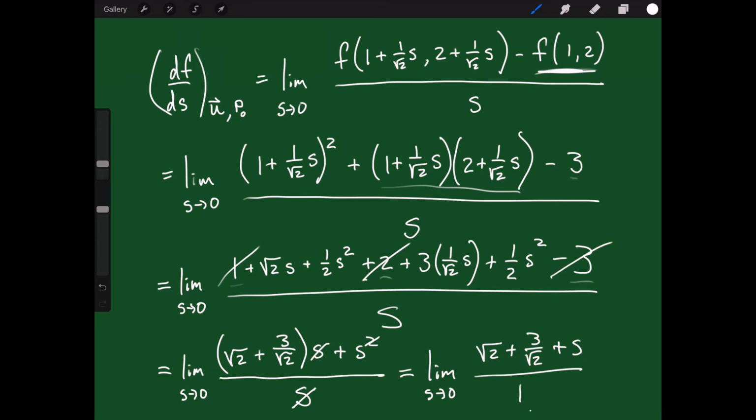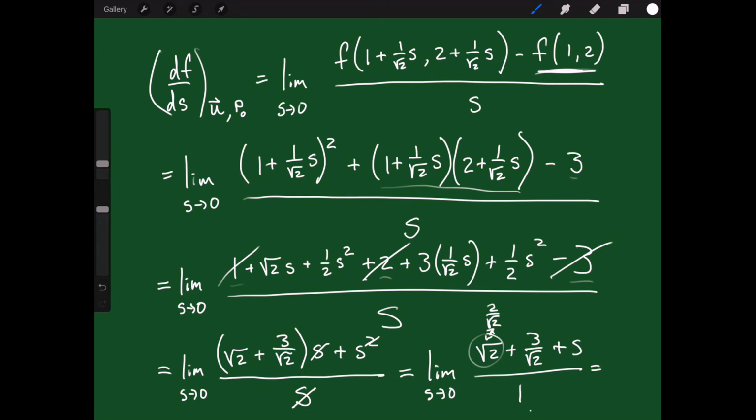Well, what's square root of 2 plus 3 over the square root of 2? I guess I could rationalize. Square root of 2 is 2 over the square root of 2, and then I have 3 over the square root of 2. I think you'll agree that these are the same.